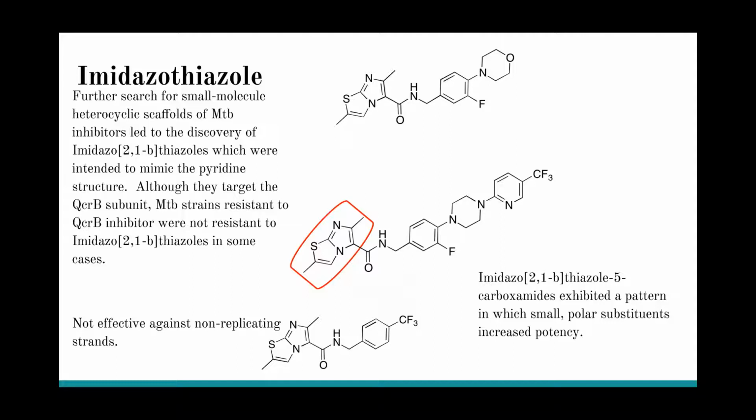However, MTB strains that were cultured to be resistant to the inhibitor of QcrB were not resistant to the imidazo[2,1-b]thiazoles in some cases, which may allude to the fact that they might interfere via a different mechanism. In addition, these compounds were not effective against non-replicating strains, and they all showed a pattern in which small polar substituents increased potency.